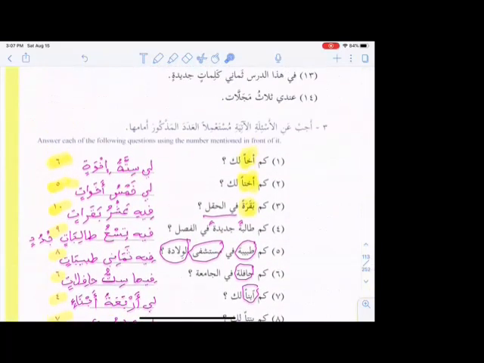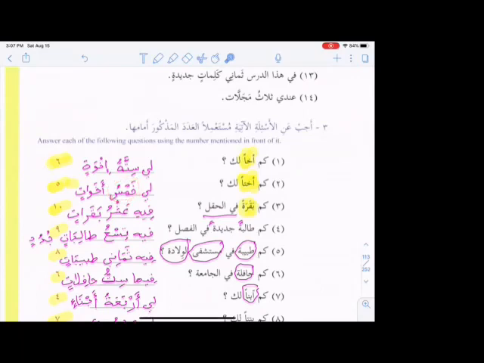Kam akhan laka li. See, numbers are written here, so you have to just follow it. Akhan means it is going to be masculine. So ikhwatin, and then it will become sittatu. Sittatu. Okay, now it is feminine, so it becomes khamsu.